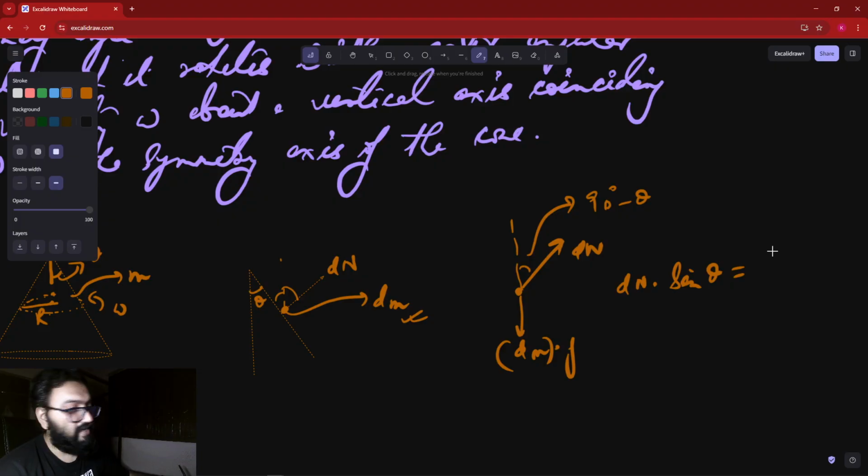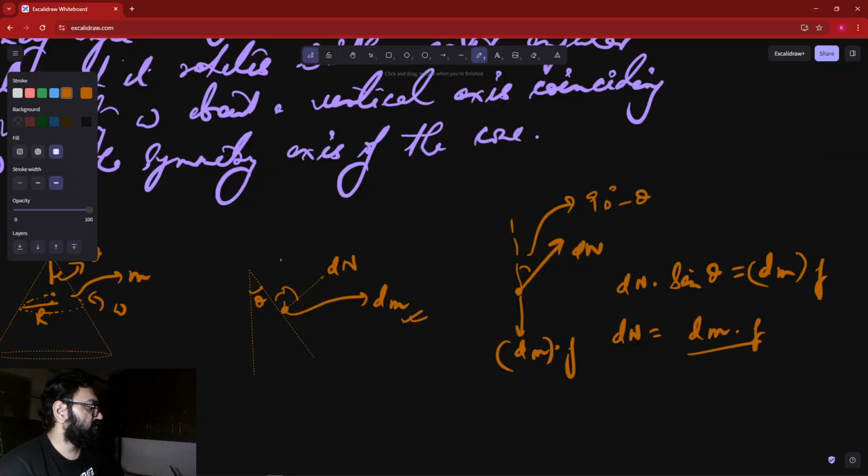This balances the weight of the small segment of mass dm. The weight is nothing else but dm times g. Now with this information, I can write down dN as dm times g by sine theta.